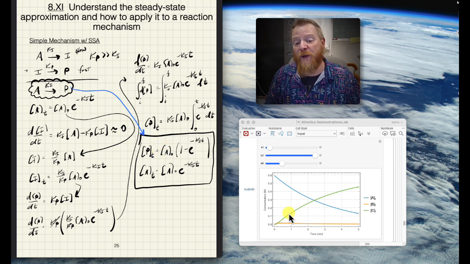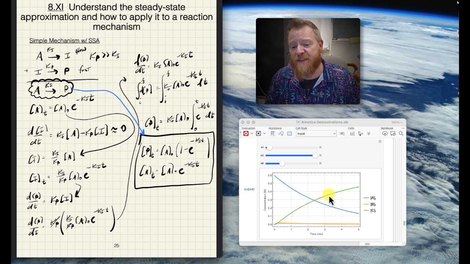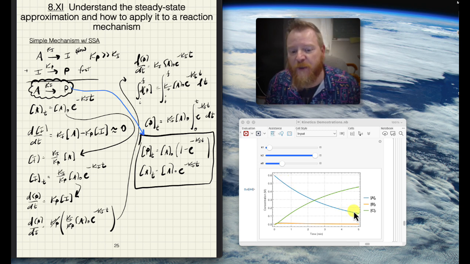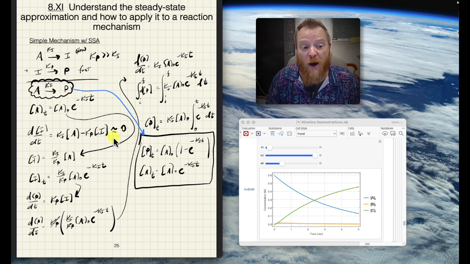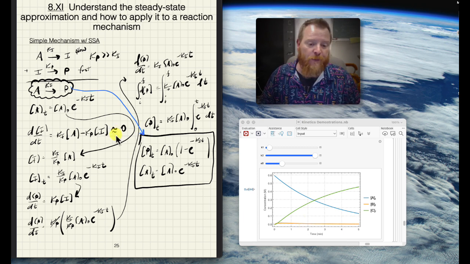And hopefully what we can tell from our graph here is that for C, we're getting this nice, simple exponential production. A, we're still getting our exponential decay. And now the rate of the intermediate is constant enough that this approximation is very reasonable.